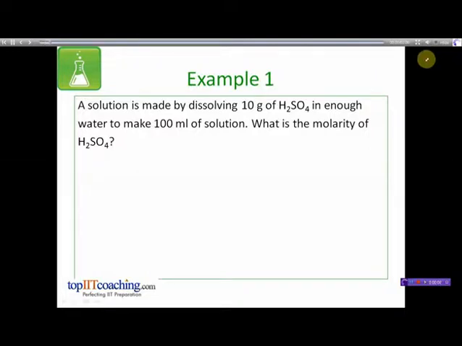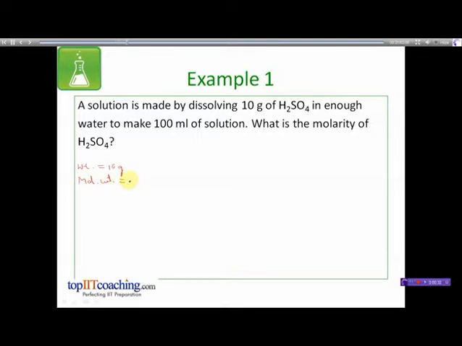Let's take an example. A solution is made by dissolving 10 grams of H2SO4 in enough water to make 100 ml of solution. We have to find out the molarity of sulfuric acid. Now it's given to us that weight of sulfuric acid is equal to 10 grams.